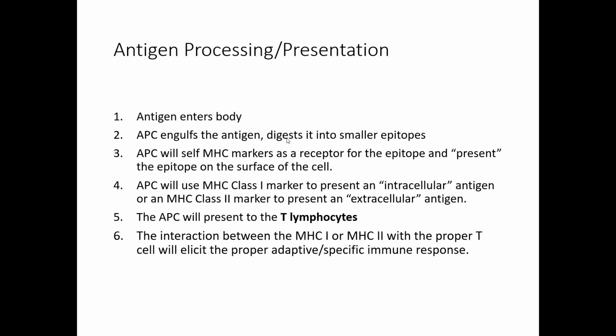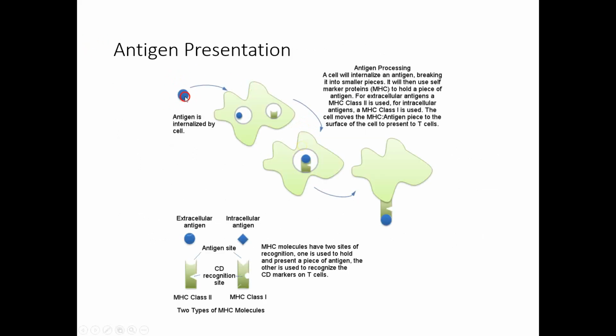So this is the stepwise presentation of antigen presenting cells. I'm going to run through it on a picture next, but also there is a video on this. First, an antigen has to come into the body. What we're representing here is an external, extracellular antigen.